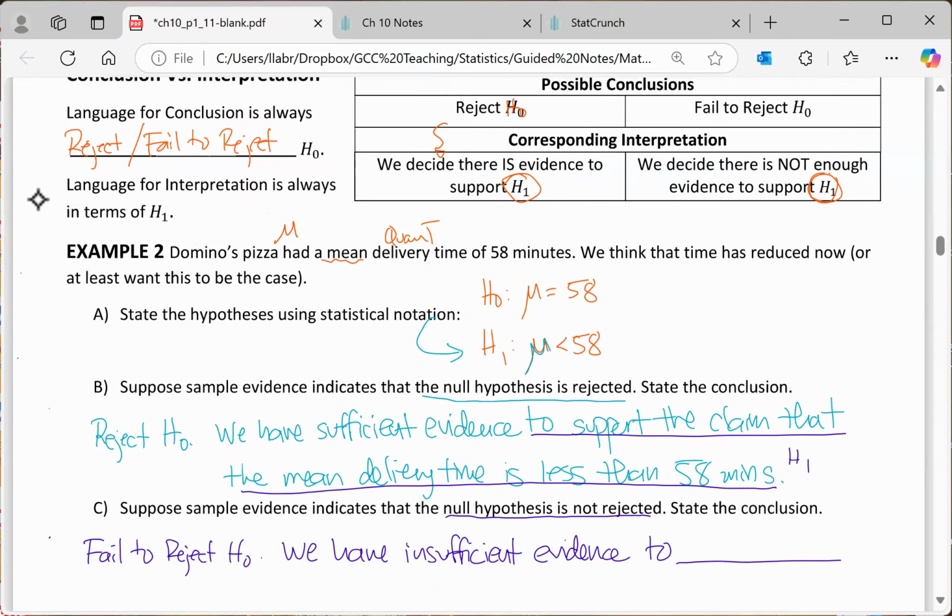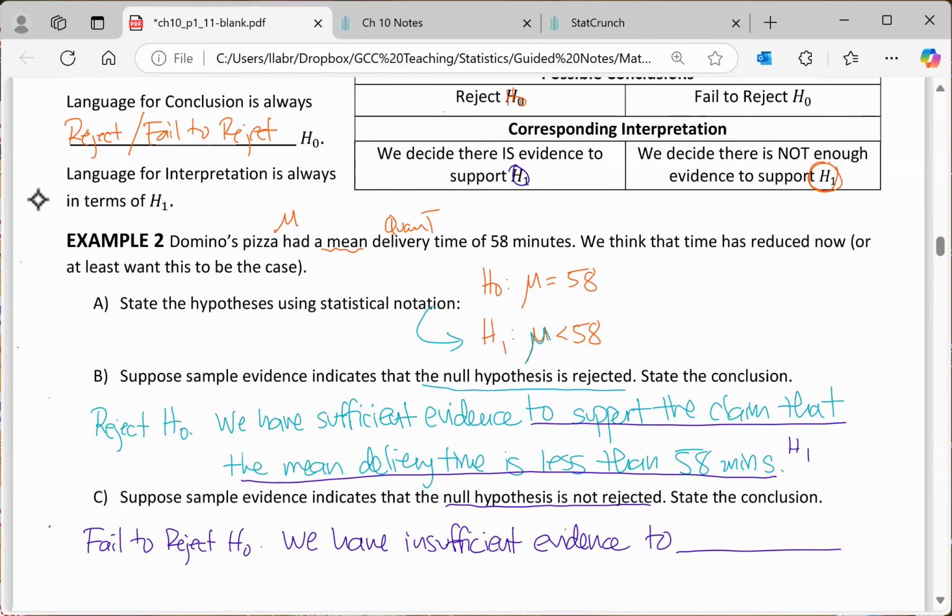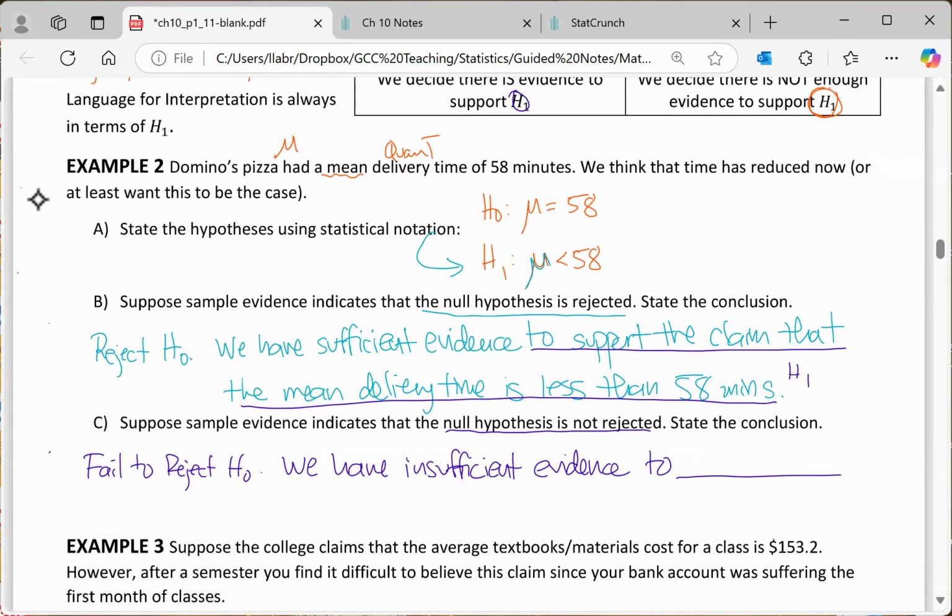And so there you have it. That is how we will be interpreting our results. So we fail to reject H0. That means we have insufficient evidence to support the claim that the mean delivery time is less than 58 minutes. All right, that's pretty much it.